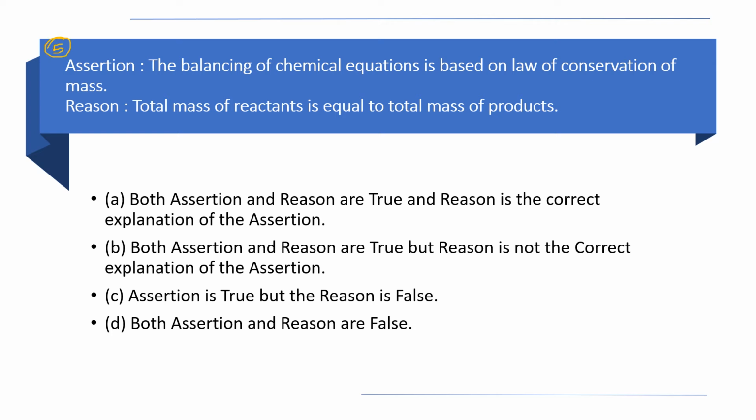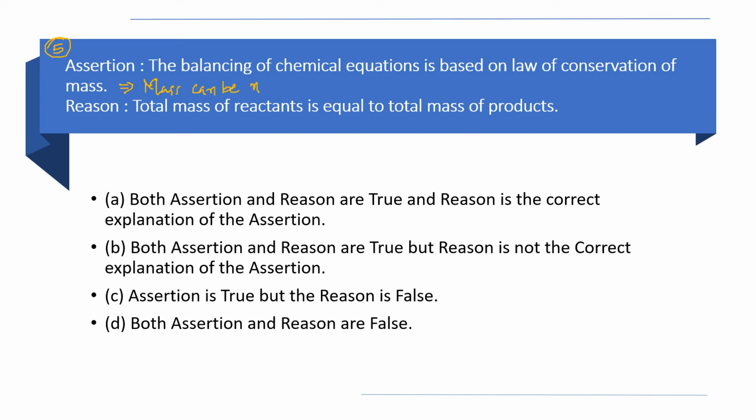Assertion: the balancing of chemical equation is based on law of conservation of mass. We all know that. What is law of conservation of mass? Mass can neither be created nor be destroyed in a chemical reaction.